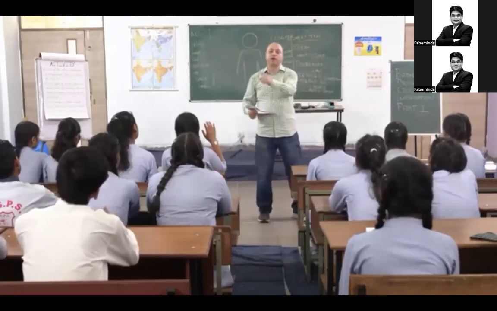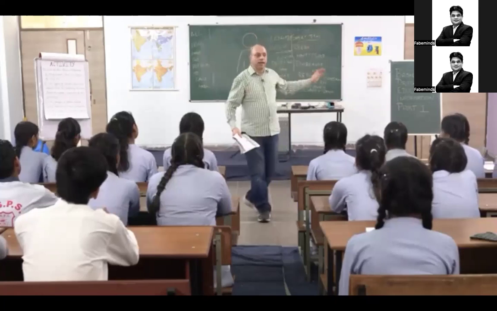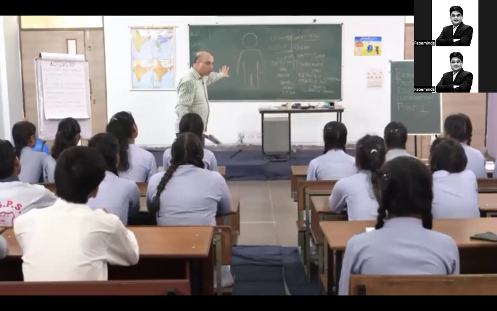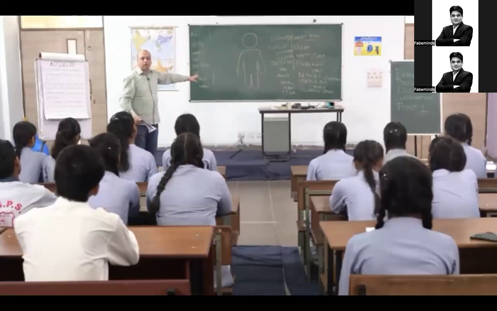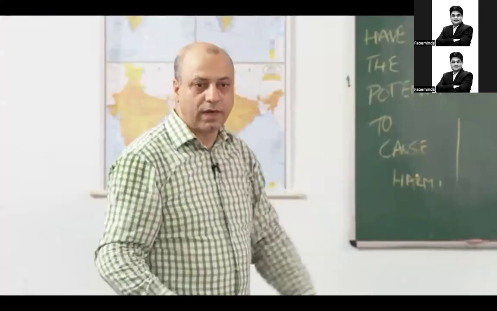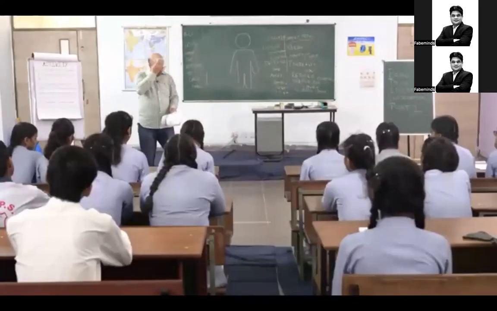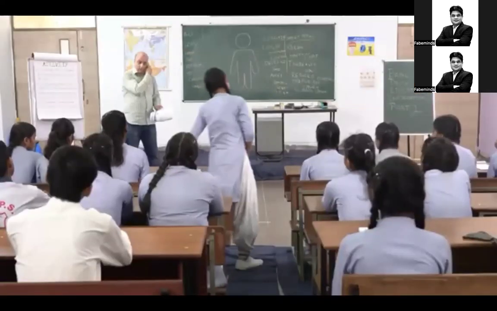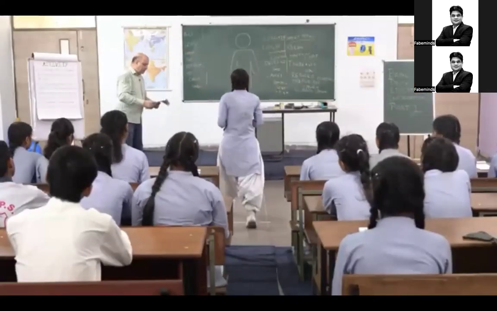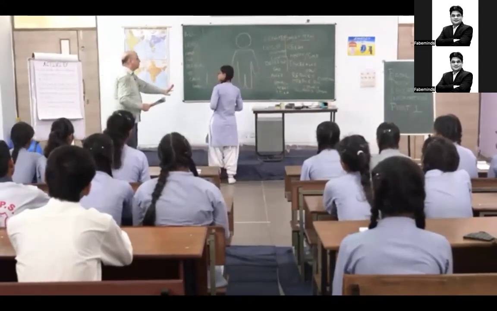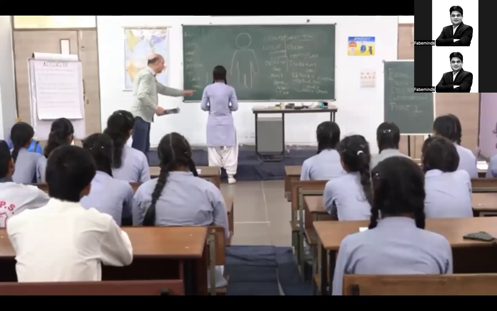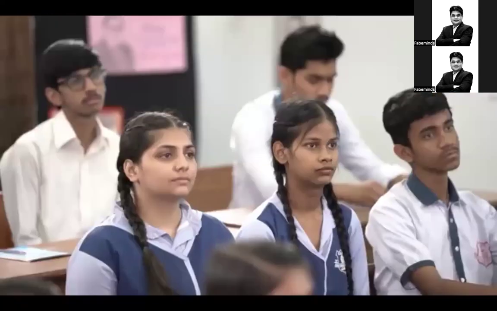A volunteer will have to come and help us find those body parts in that image of a human being. Anybody can come? Yeah, please come. Please highlight the body parts which will be affected due to long-term alcohol use with the help of that chalk.